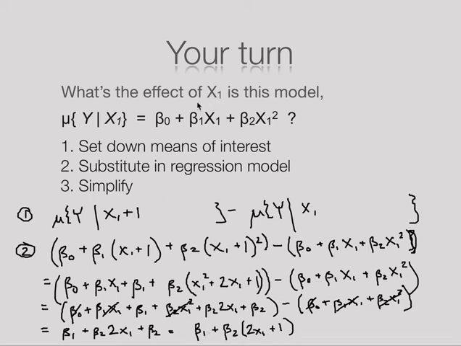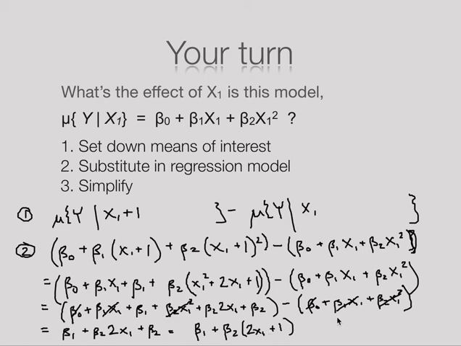I've found the effect of x1 in this model is beta 1 plus beta 2 times 2x1 plus 1. The fact that x1 still appears in my effect means that the change in mean response when my explanatory variable is increased by 1 depends on what that explanatory variable was to start with.